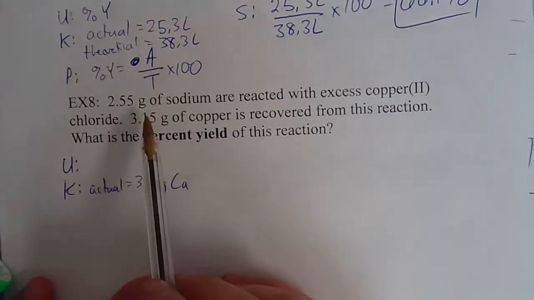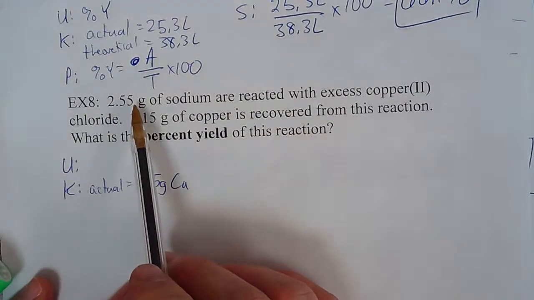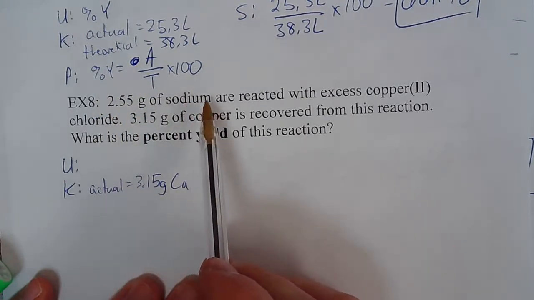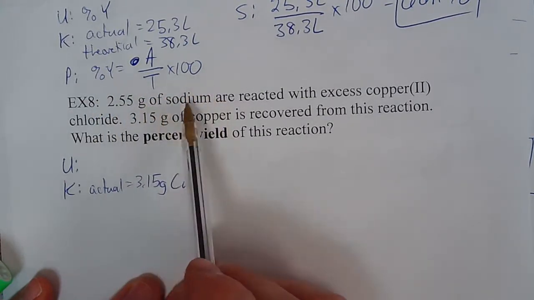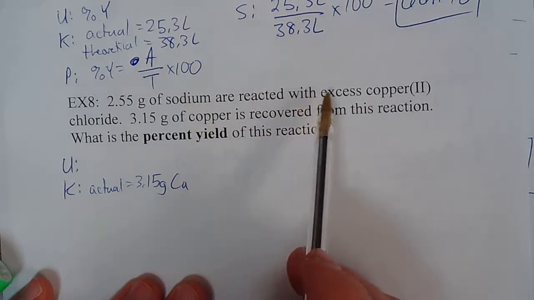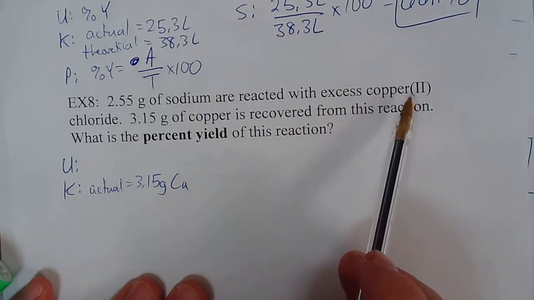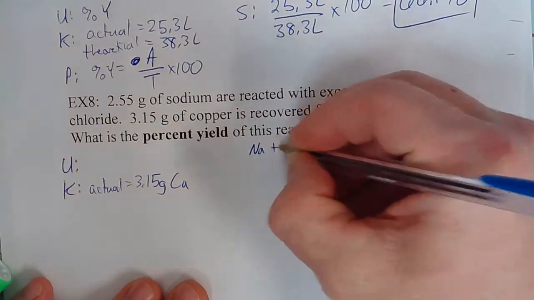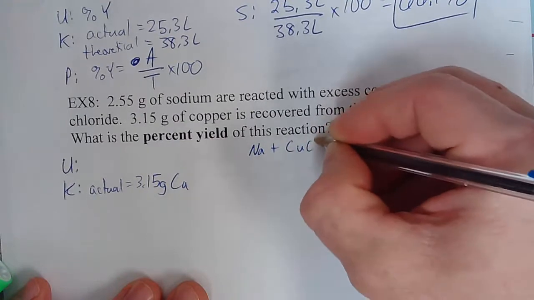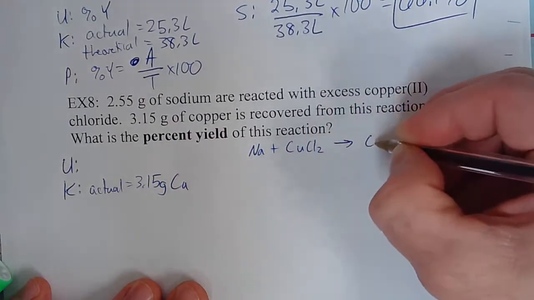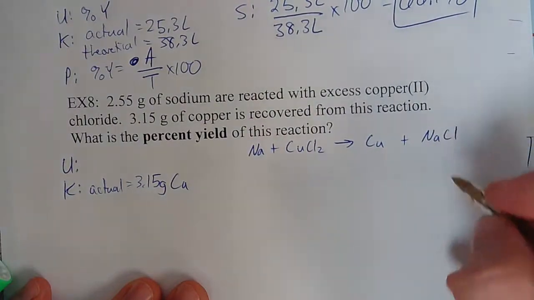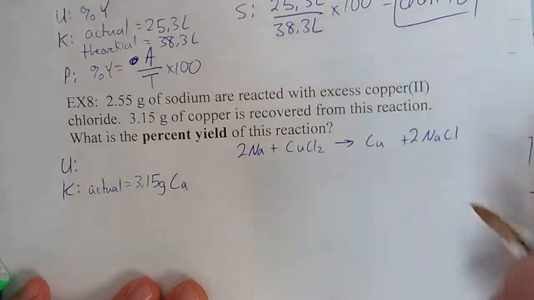The problem is, what is this? 2.55 grams of, it's not copper, is it? It's sodium, and then it's reacted with copper 2 chloride. If you react sodium with copper 2 chloride, it makes copper and sodium chloride. And then if you balance it, maybe like that.